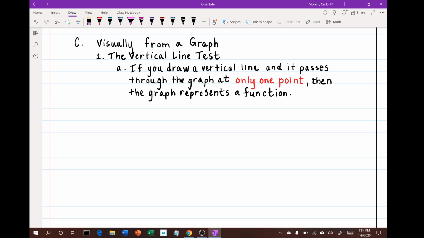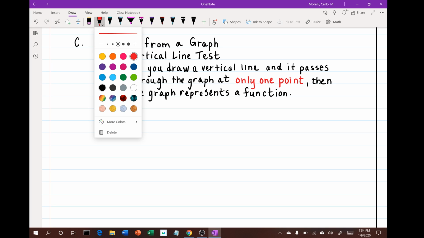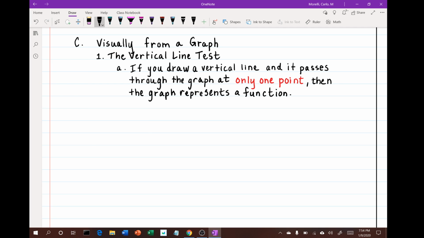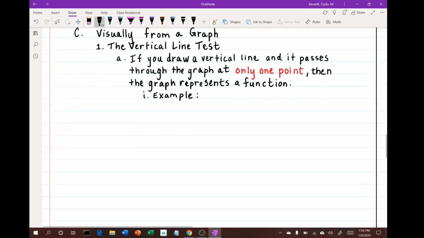Here's when you got to do an example now. Okay, so we can do shapes here. So we should do an example. And we'll draw the graph here.